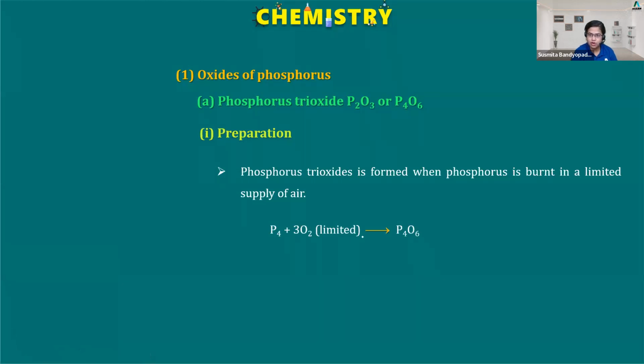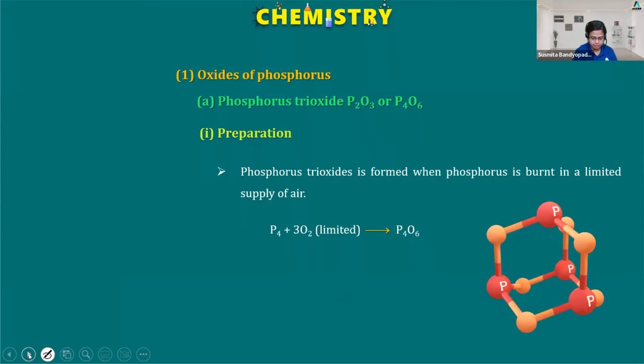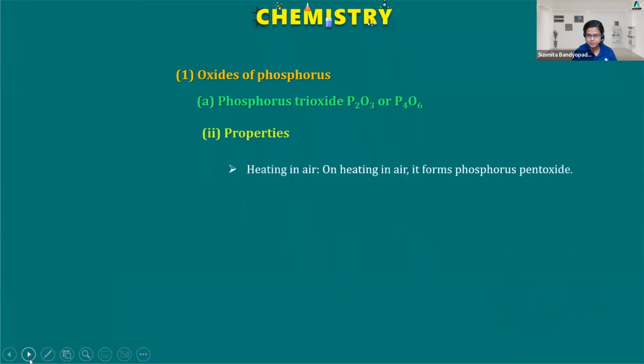In a limited supply of oxygen, P4 reacts to produce P4O6. Now, properties. When you heat it in air, meaning you supply more oxygen to P4O6, it becomes P4O10. The structures we had seen in the last class.